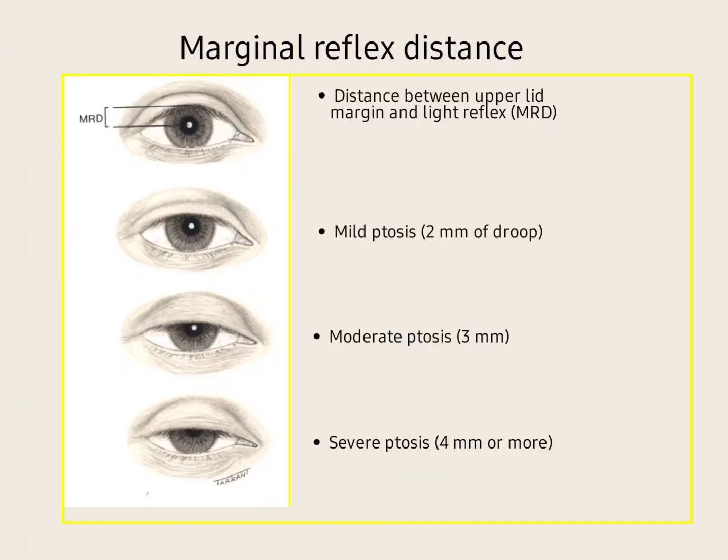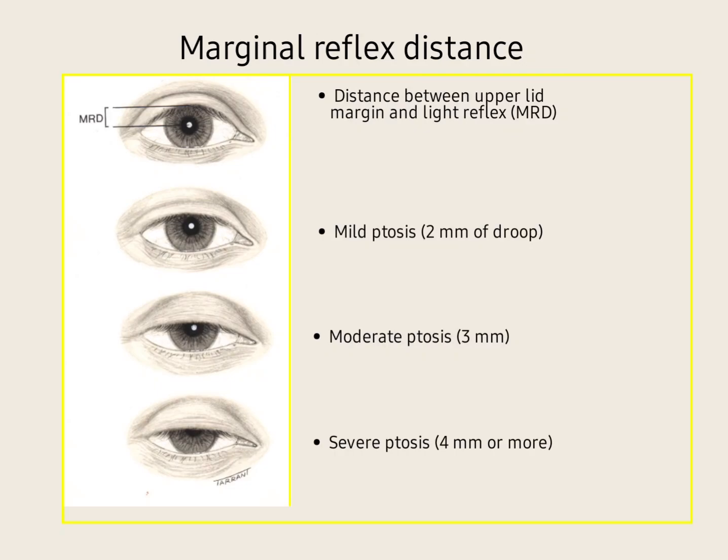Marginal reflex distance is the vertical distance between the upper eyelid margin and the corneal light reflex. This corneal light reflex is coming from the pupil. It is primarily used to assess ptosis, which is a condition characterized by drooping of the upper eyelid.